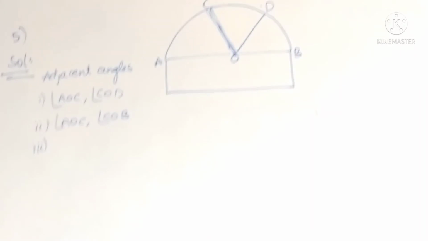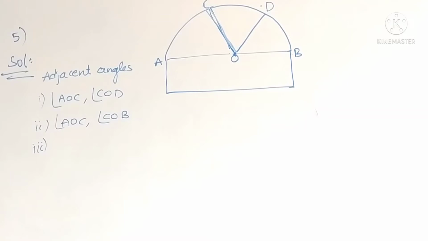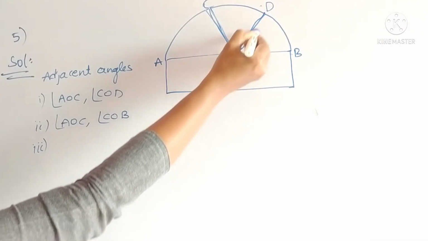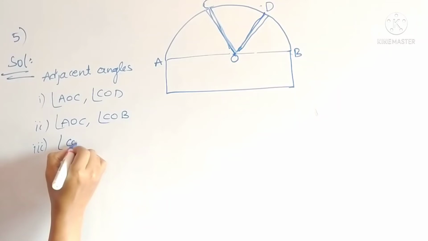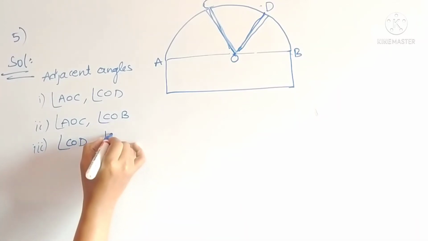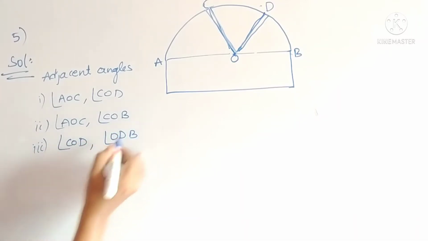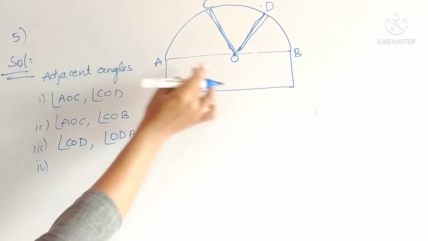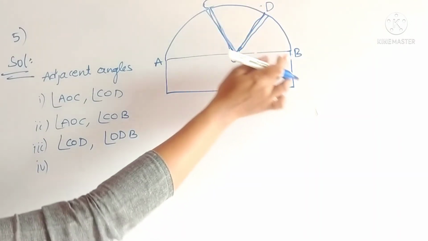Now, so next we can write COD and DOB. Right? So they both are having common arm as OD. Angle COD and angle DOB. Still we can write one more, I think. See, now AOD and DOB.